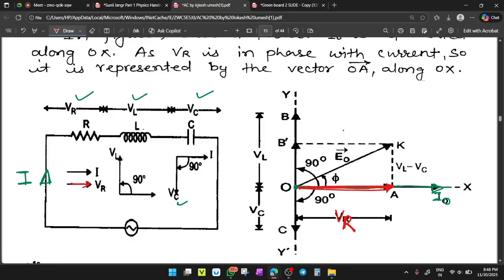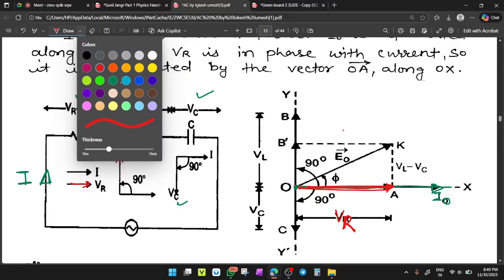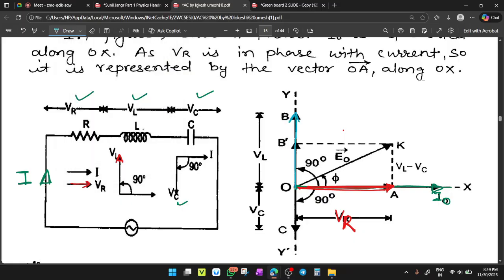Now, at an angle of 90 degrees from the current, because voltage is leading, take the voltage VL here. I am showing it in blue, sky color. So it is leading by 90 degrees from the direction of current. Current is here and your voltage VL will be here.